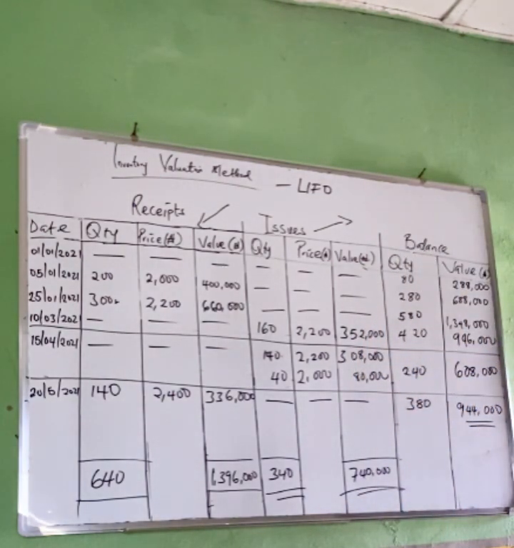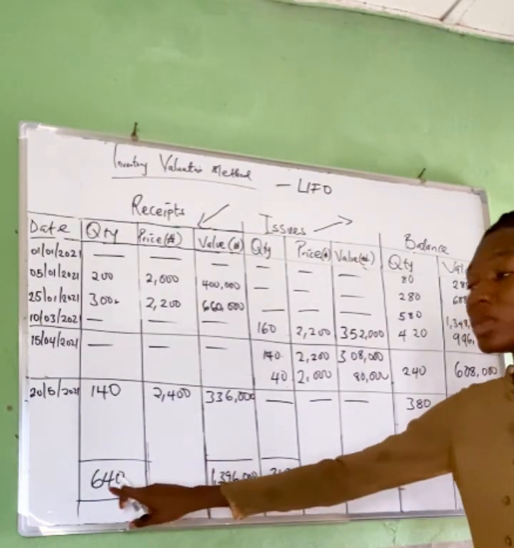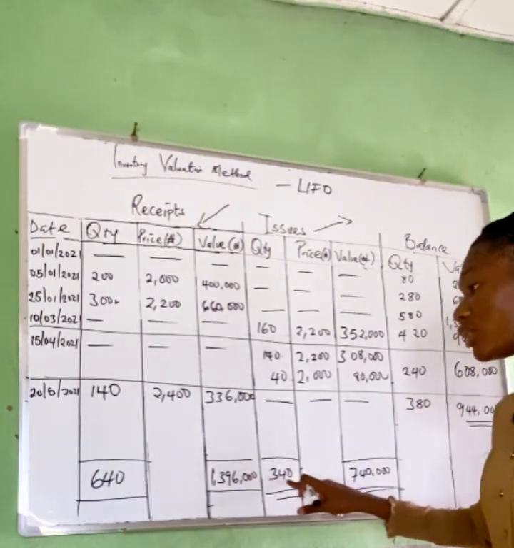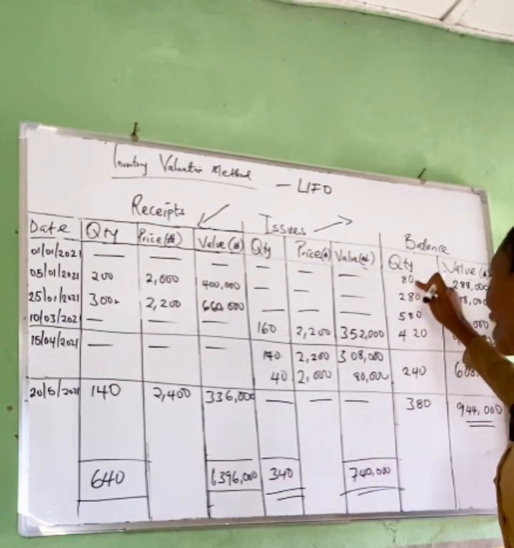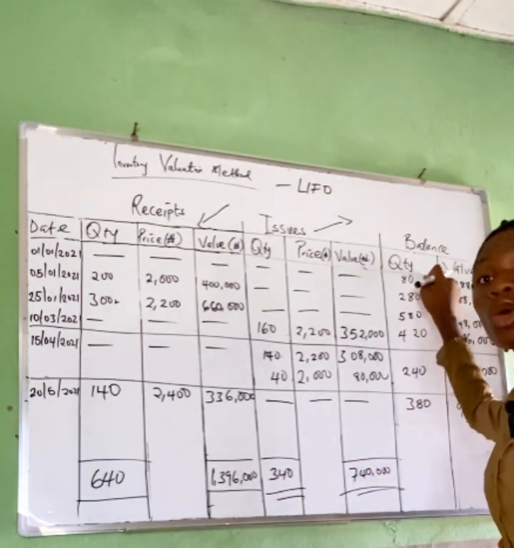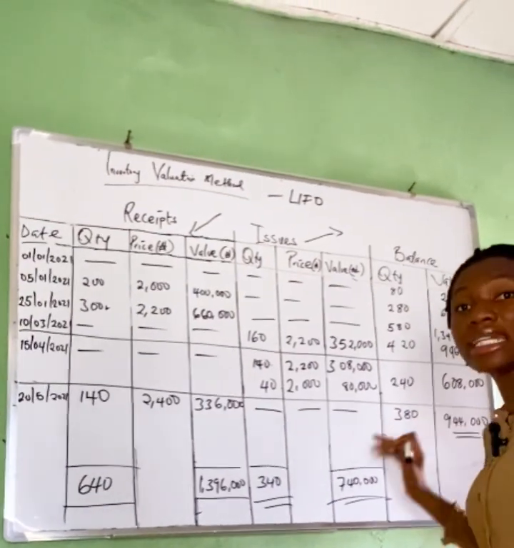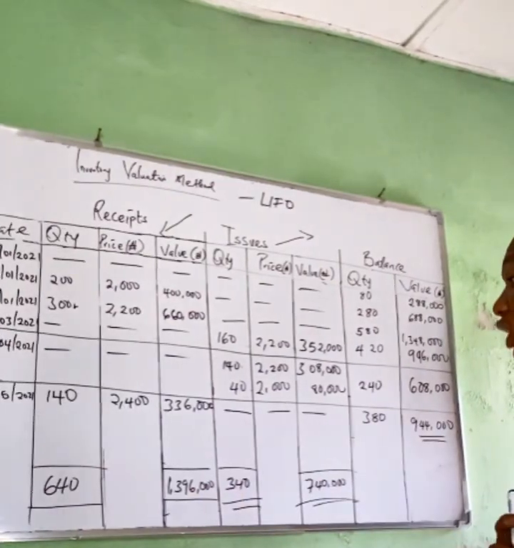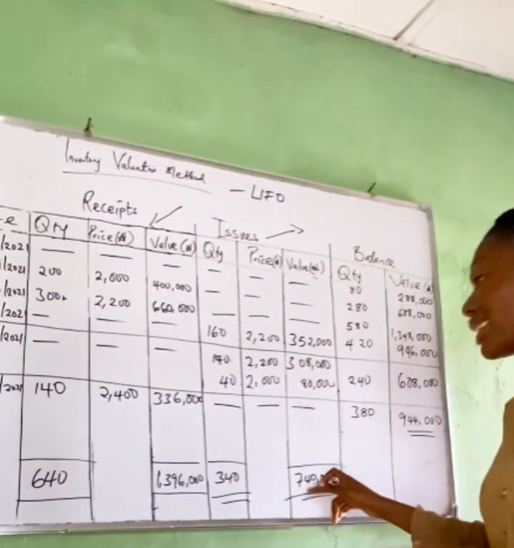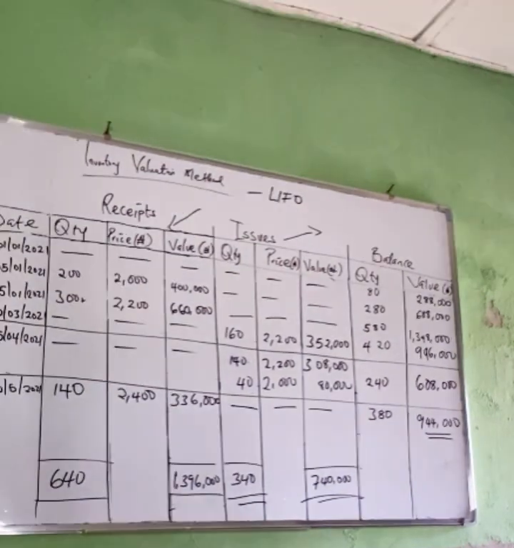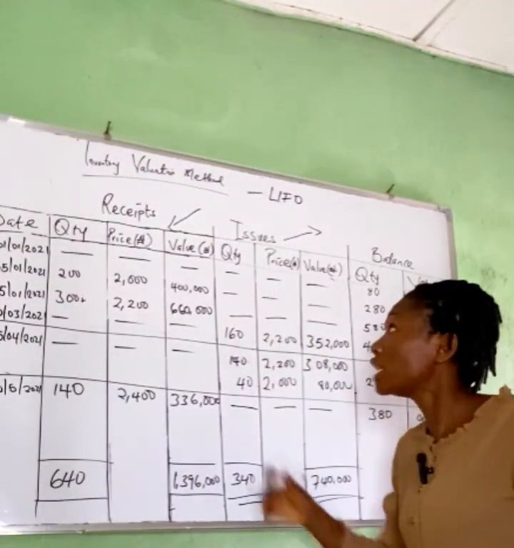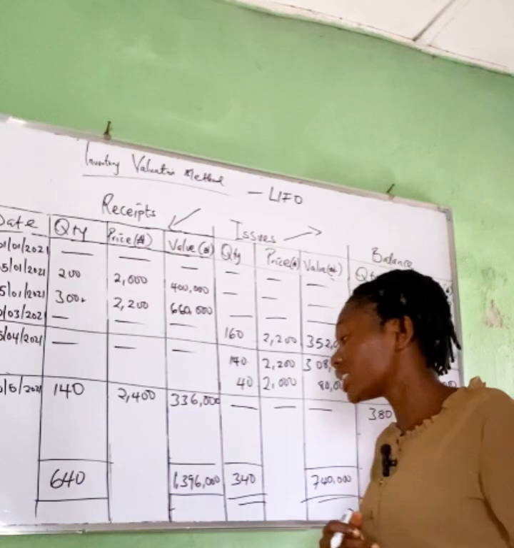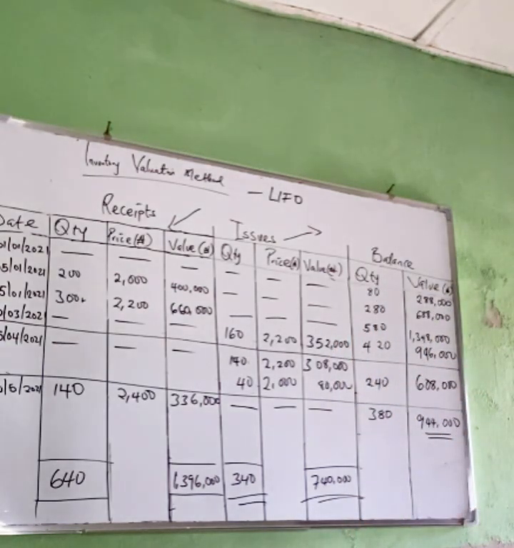Now let's deduct and see quickly. So we have 640 minus 340, that will be giving us 300. When we add our 80 units from the opening stock, we are left with 380 units. Now for the value, 1,396,000 minus 740,000 gives us 656,000 naira.